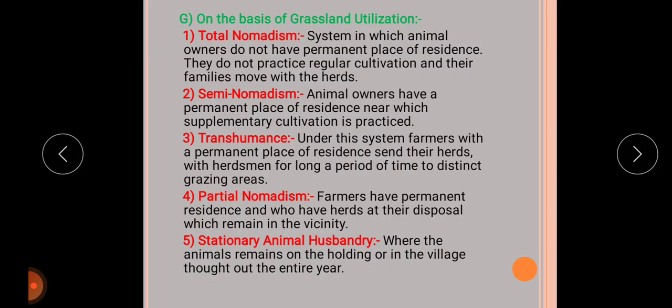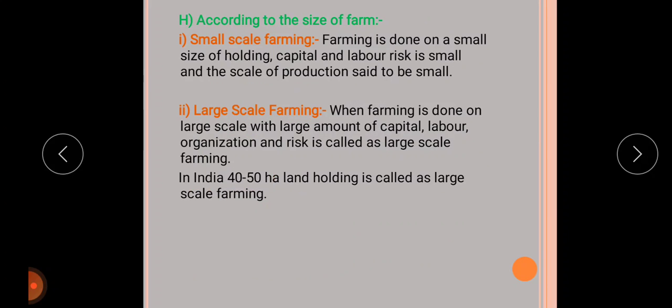So in this stationary system, animals like buffalo, cow, and exotic breeds are reared in our household area, and the farmers have their permanent place, and the cattle shed will be along with their farm, and it will be a more stationary farming system. So there are five distinct subclasses.